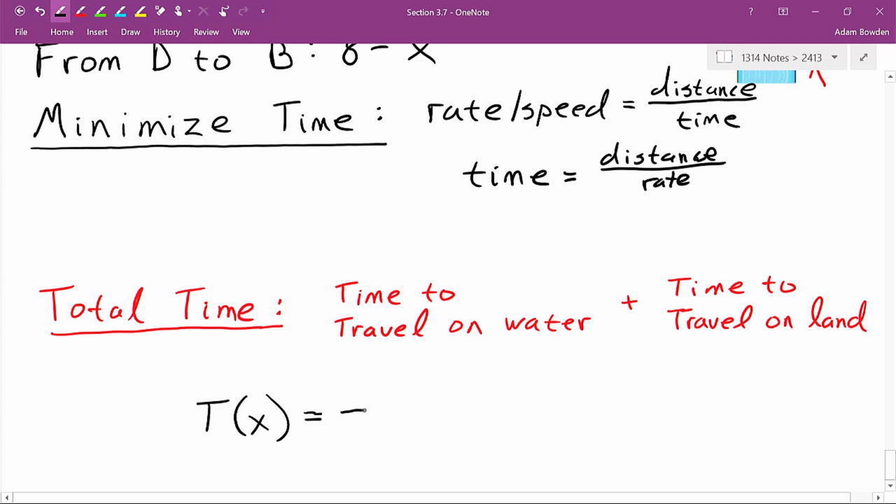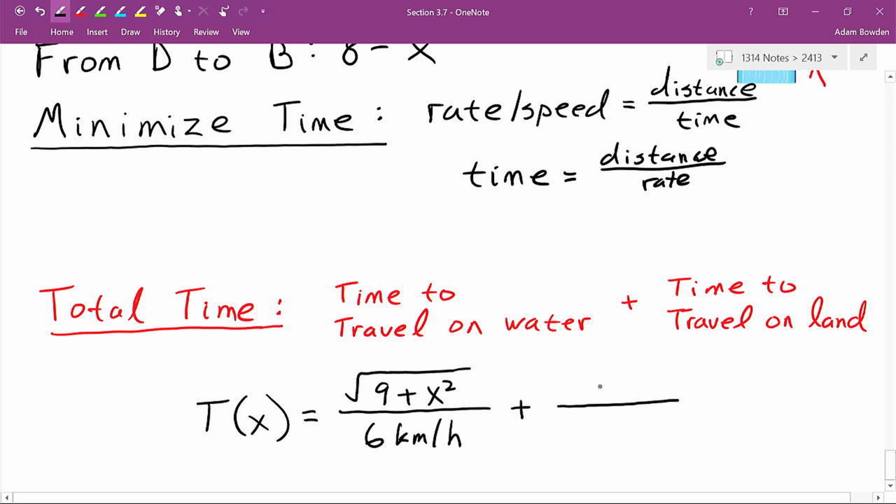And we're going to rewrite this as the square root of 9 plus x squared, that's the distance to travel on water, over the speed or the rate, which it told us is 6 kilometers an hour, plus the time it takes to travel on land, which would be 8 minus x, divided by the rate of 8 kilometers an hour.